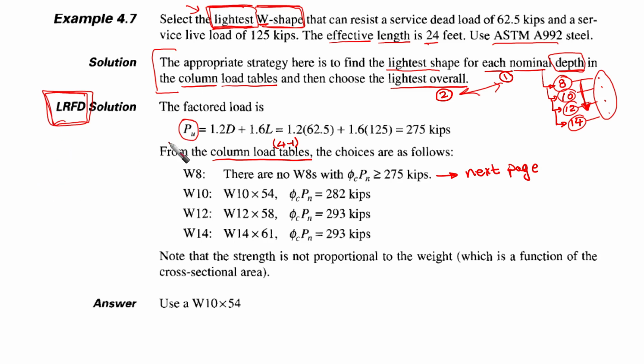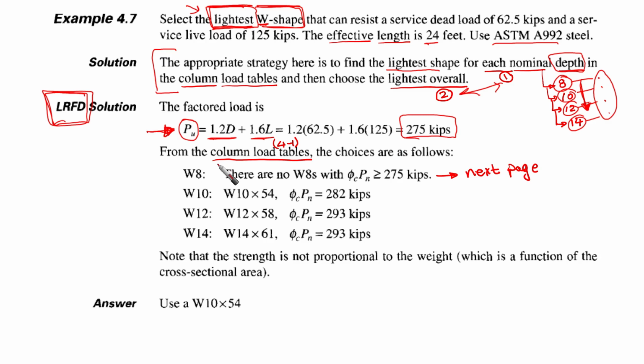Then our factored load is going to be 1.2 dead plus 1.6 live. As we said, this is commonly the governing load combination for us, as long as there are no wind loads or earthquakes. The value of the ultimate load is going to be 275 kips.